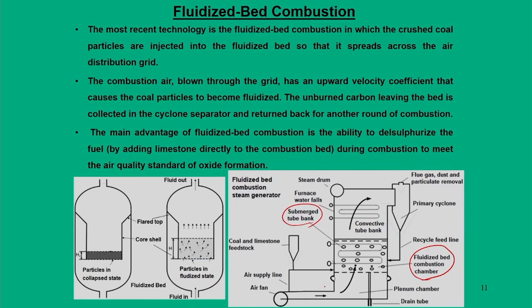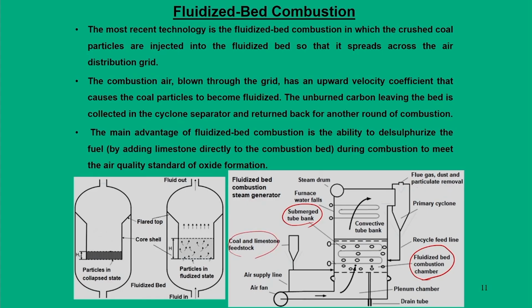And this is where the water comes, and finally this is what we call the steam drum, and ultimately we get saturated steam in the steam drum. But our main intention is not the formation of steam at this stage, rather we will try to link how we can achieve this fluidized combustion. So, if you look at this figure, we have the coal and limestone feedstocks. So, why do we require limestone?